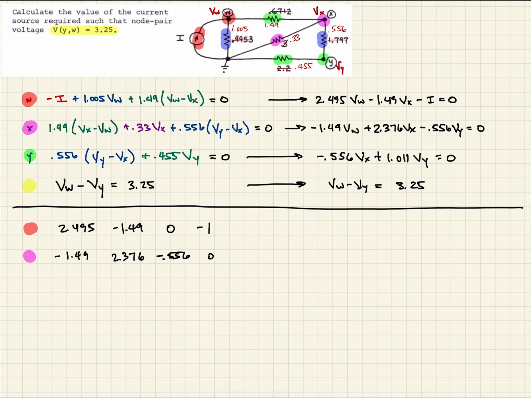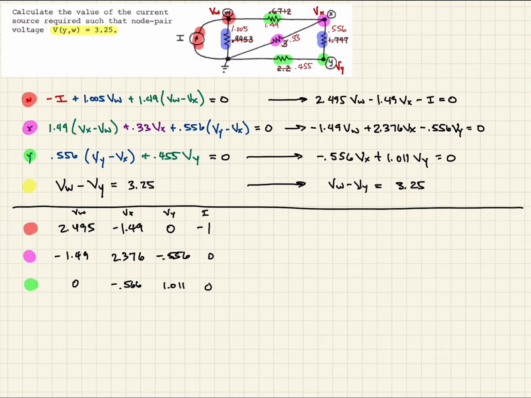And again, this is VW, this is Vx, this is Vy, and this is I, just keeping up with what's going on here. The next one is green, and that's going to be 0, minus 0.556, 1.011, 0.